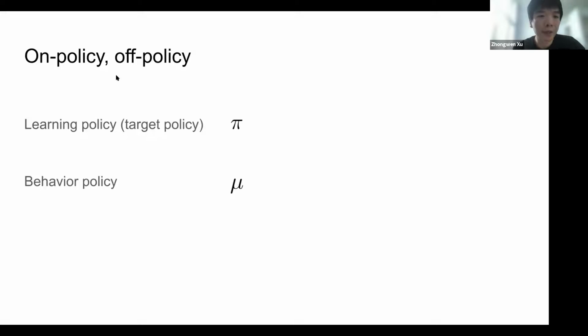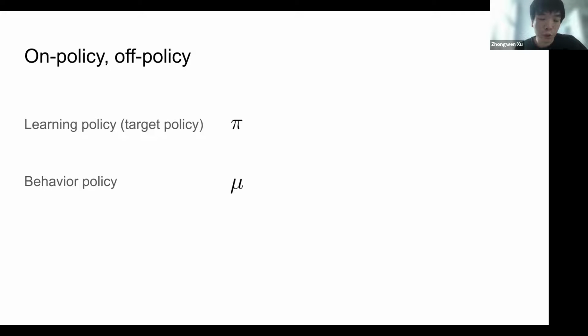And why is it important? It sounds like it would be great if every time you use the same learning policy to collect the data and to interact with the environment. Why is it important to study off policy algorithms? Because it allows the learning to happen in many different scenarios.